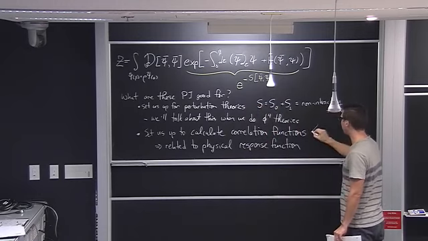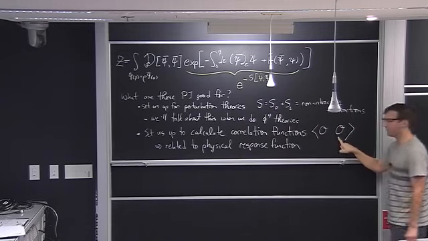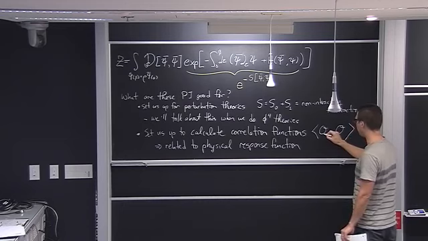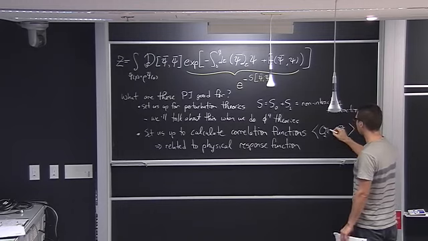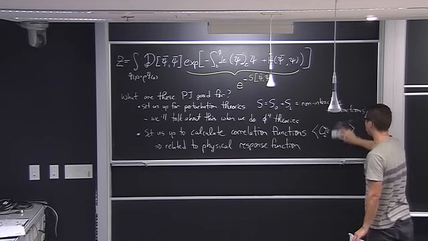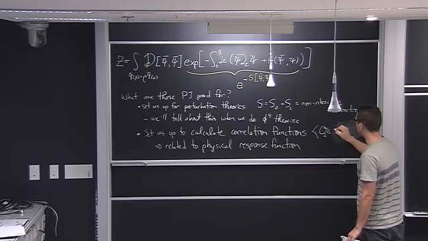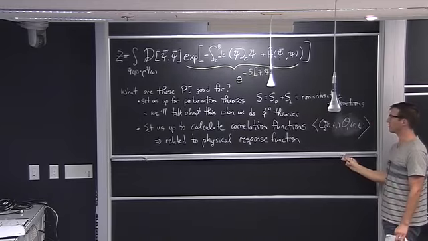Correlation functions are expectation values of operators, and the operators can be different operators, number one, and they can occur at different times and different spatial positions. So let's say R2, T2, R1, T1. That's a general form of a correlation function.